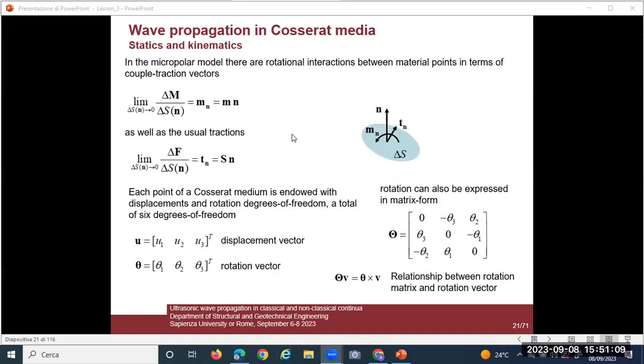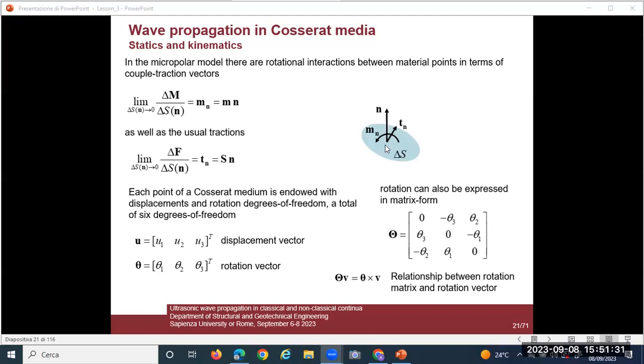Okay, so now let's go back to the theory of the Cosserat media that you probably have studied with Professor Trovalusci. So what is the difference between the Cosserat medium and a classical continuum?